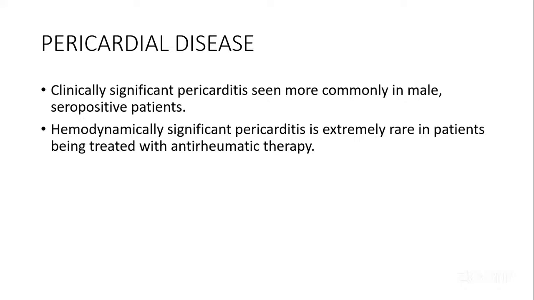But in more than 60%, it is asymptomatic and the effusion will resolve spontaneously without any intervention. But for some, we might need to use steroid, colchicine, and the DMARDs for them, as the case may be.